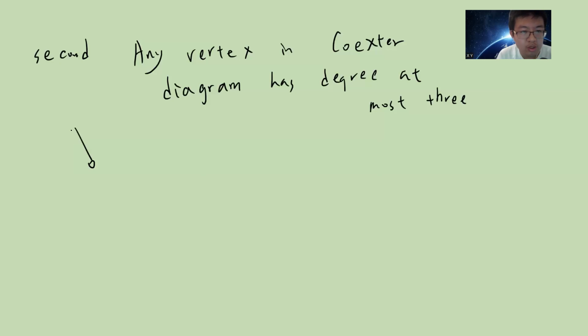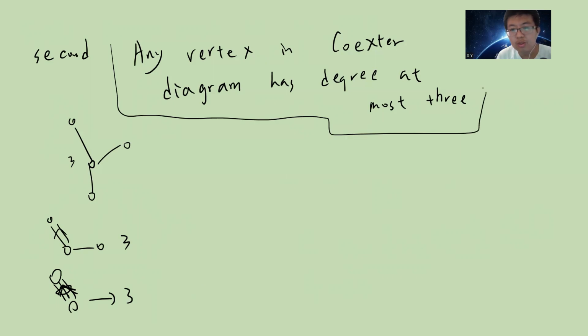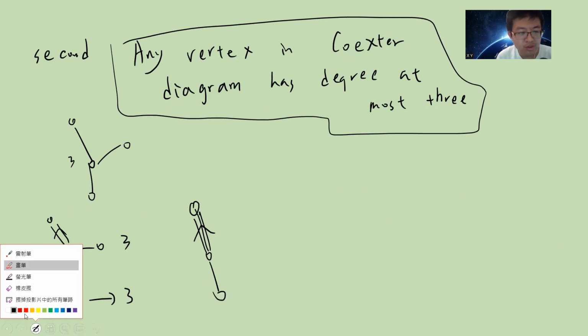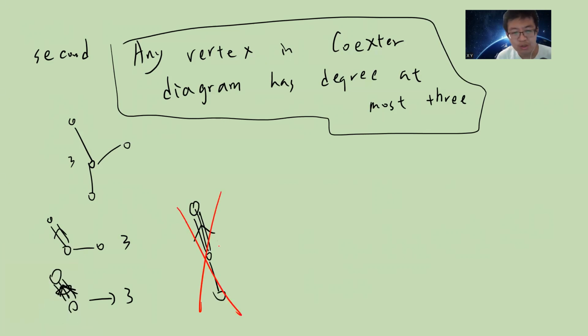For example, this has degree 3, this has degree 3, this has degree 3. This lemma tells you that if you are asking for something like this, it is impossible, because this degree is 4. So this is 2, 1, 3, 1, 1, 1: at most 3, at most 3.